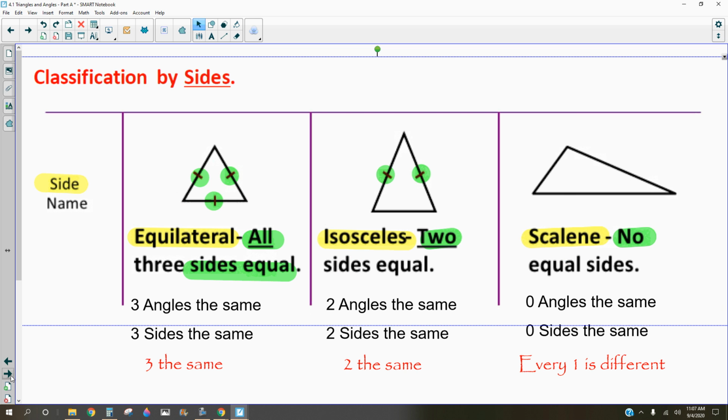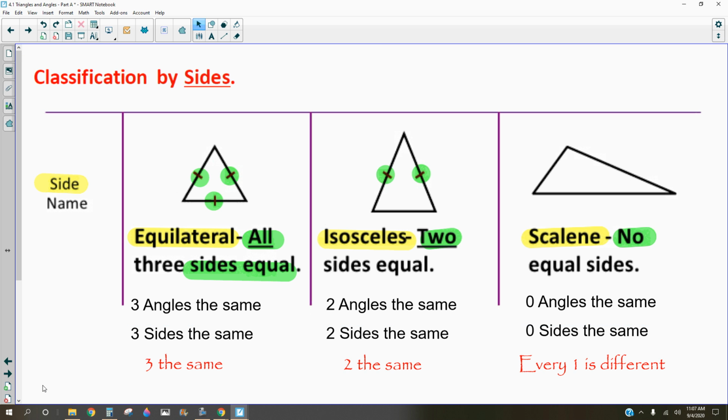We can also classify triangles for their sides. Basically, how many are the same? So in this picture, side names are equilateral. Equilateral are when all three angles and all three sides are the same.